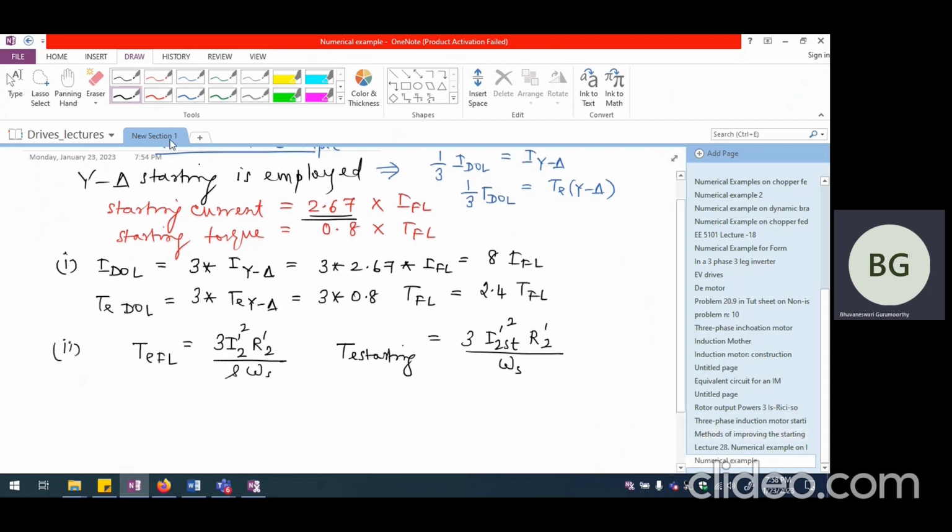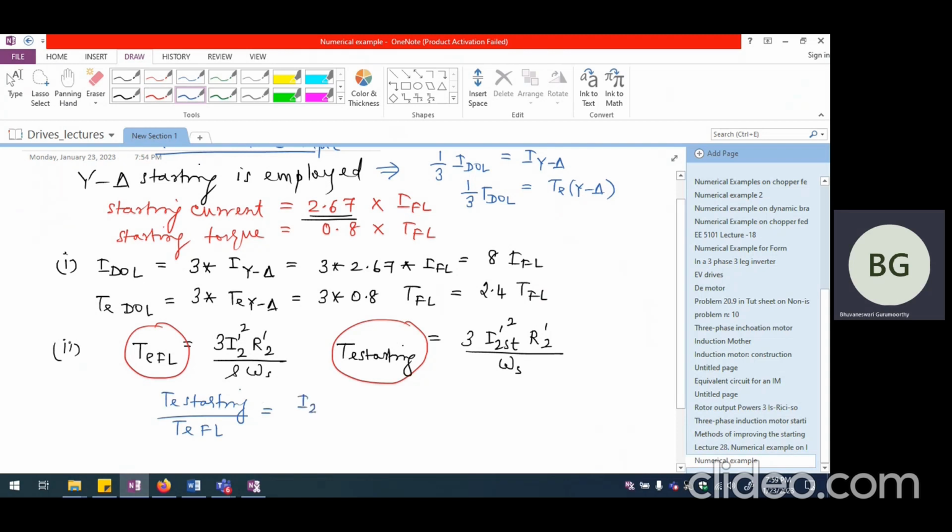So when I take the ratio of TE full load and TE starting, I should be able to write this as TE starting divided by TE full load is equal to 3 and 3 will get cancelled.